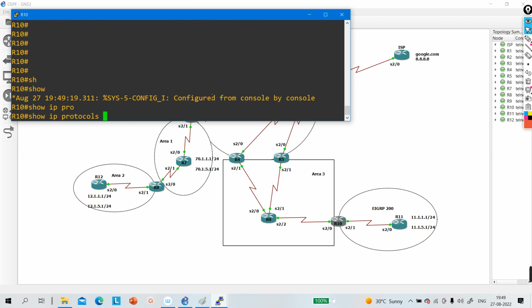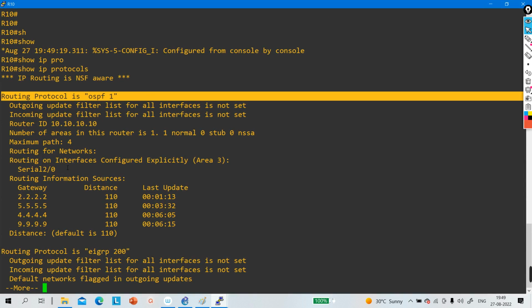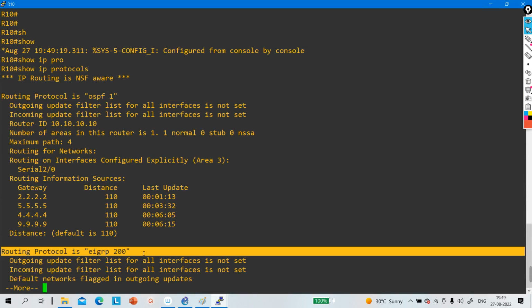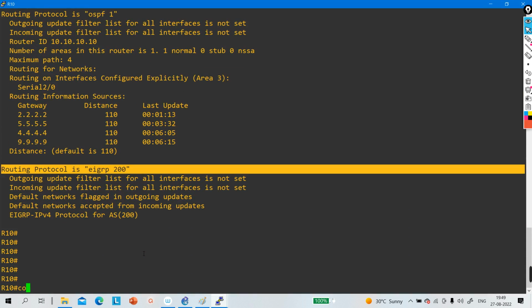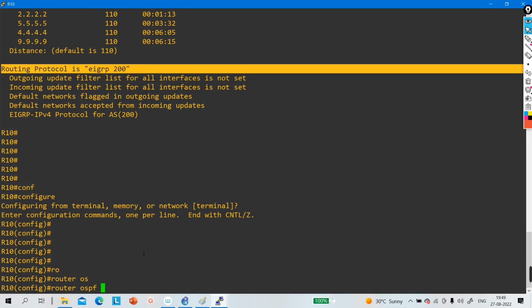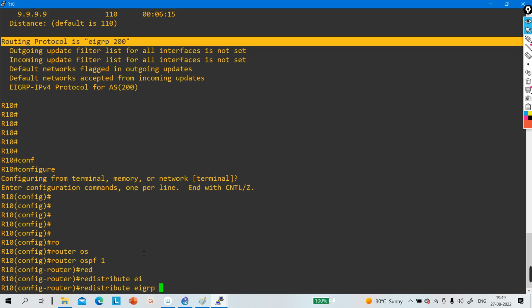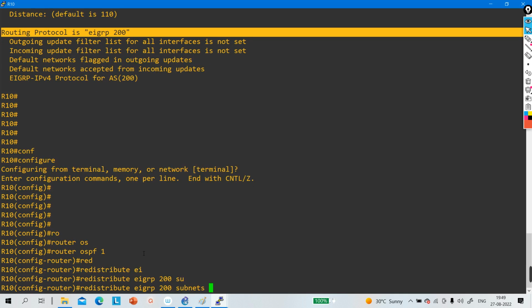So, IP protocols. Here you can see I am running OSPF process ID 1 and EIGRP 200. Okay, so I am running both routing protocols. Let me perform redistribution. Router OSPF 1, redistribute EIGRP 200, and the keyword is subnets.